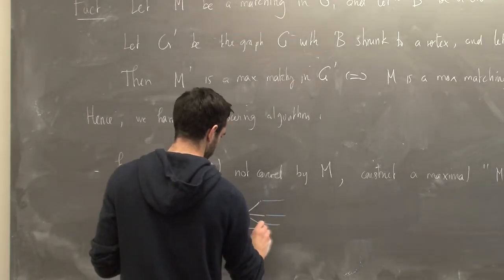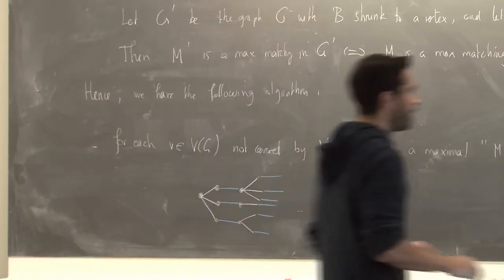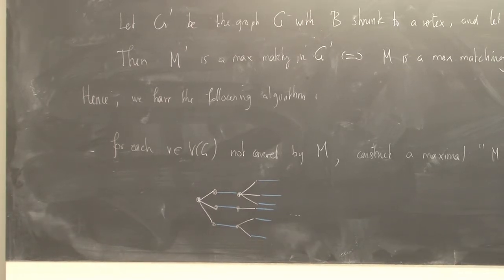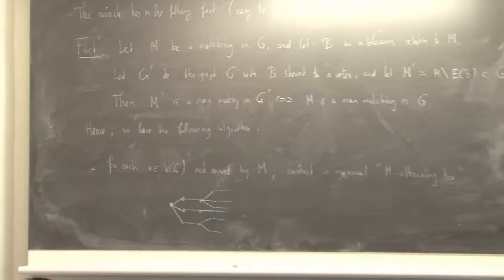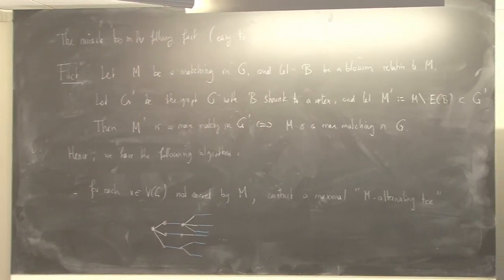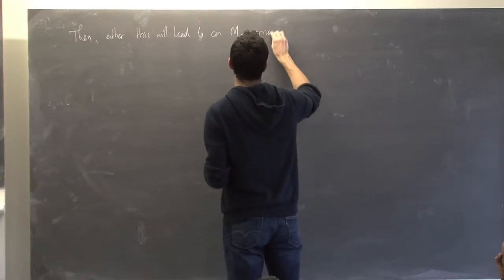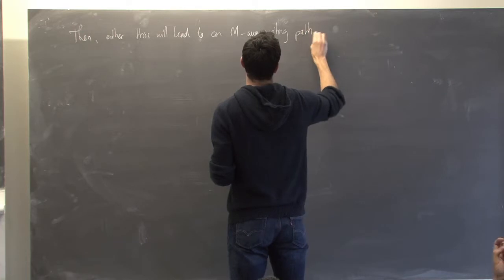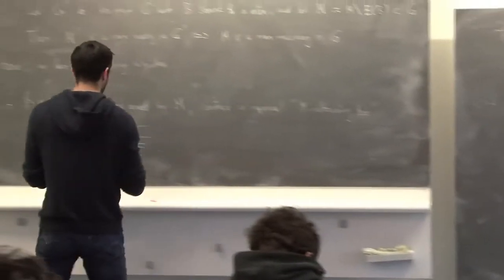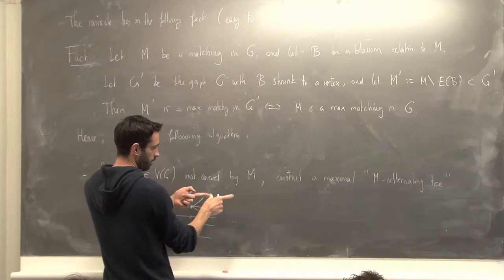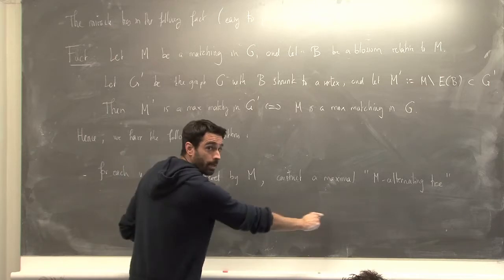Okay, etc. So you build this maximal structure, and then what can be checked is that if you do this, then either this will lead to an M augmenting path, so typically this would happen if you have another tree that comes like this, and you have two blue edges, the end of two blue edges that can be linked, then you will find an augmenting path by going through these two.